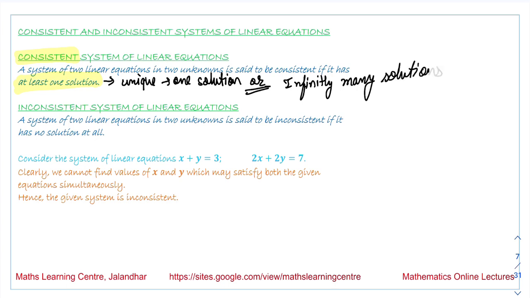These are the two cases for the term consistent. Inconsistent means the system has no solution at all, that no value is satisfying that relation.